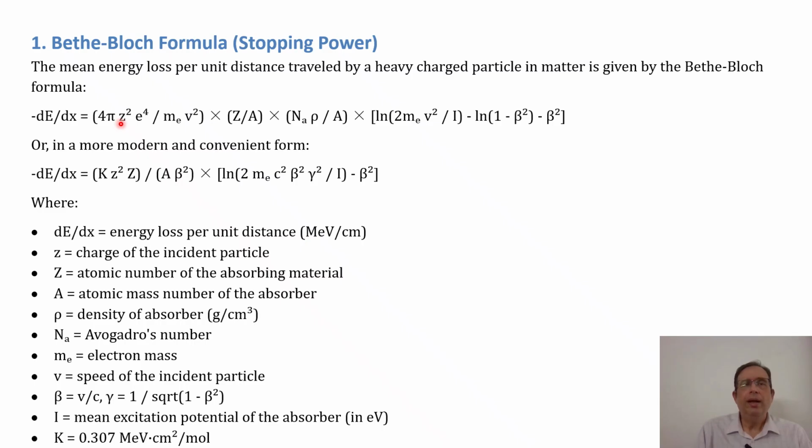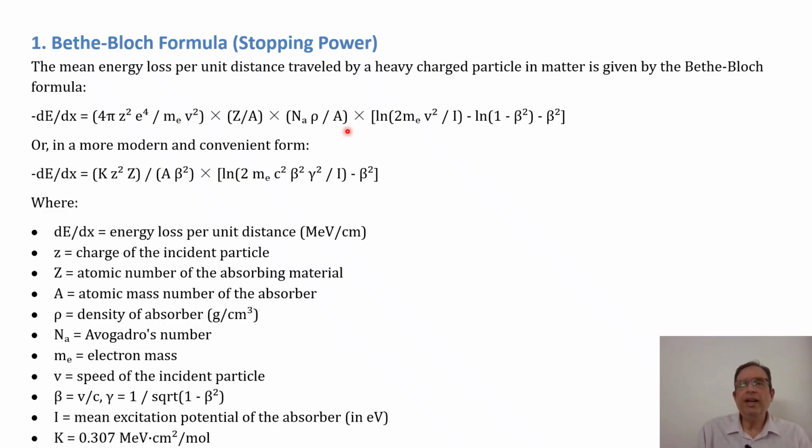Z square is basically the charge of the incident particle, e is the charge of the electron, me is the mass of the electron, v is the velocity of the incoming rays, Z is the atomic number of the material or the medium, and A is the atomic mass of that material or the absorber, Na is the Avogadro number, rho is the density of the material, and so on.